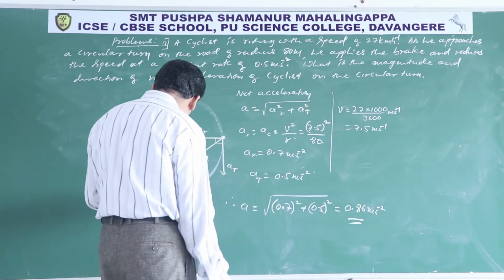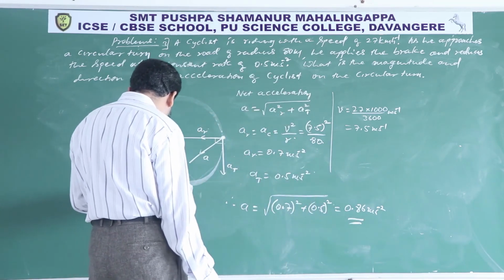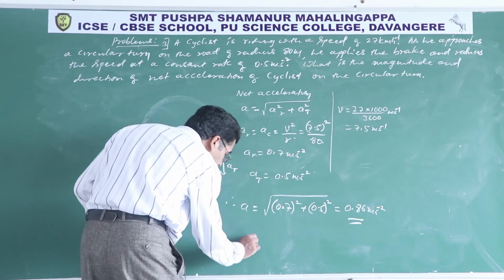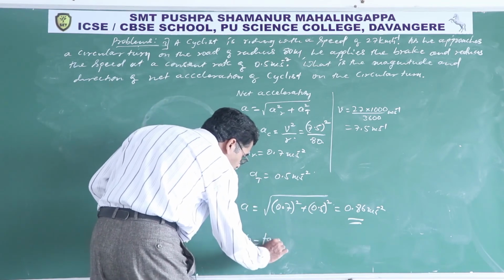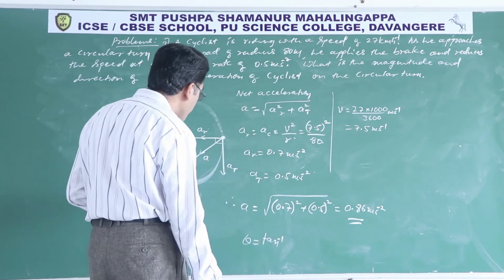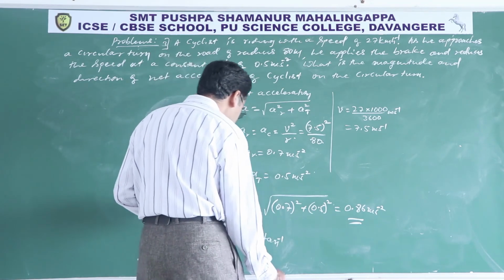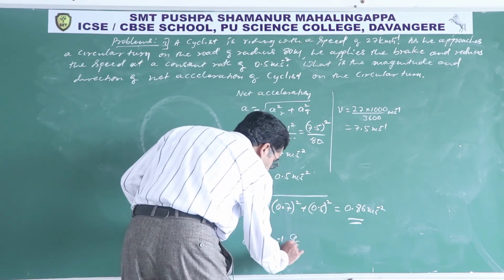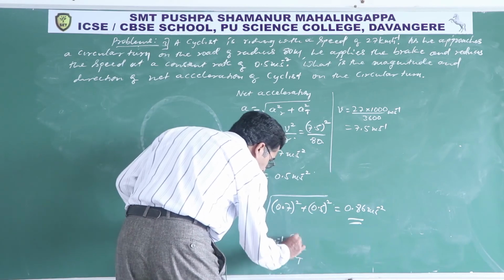This is the net acceleration produced, and the angle theta is equal to tan inverse of centripetal acceleration divided by tangential acceleration.